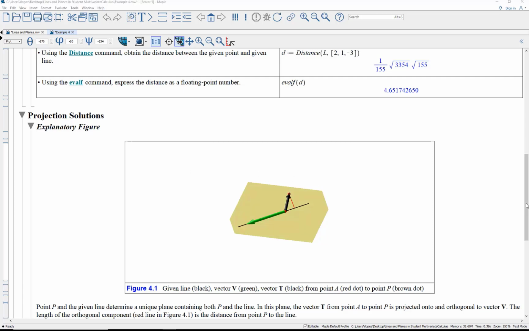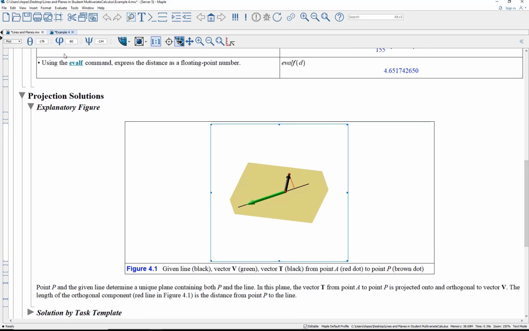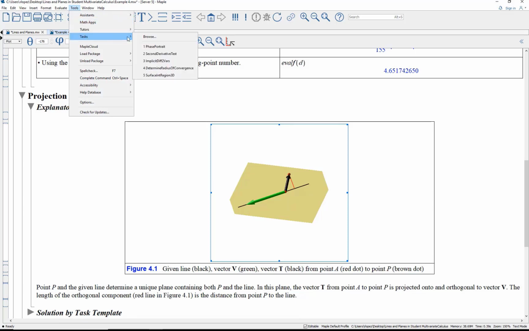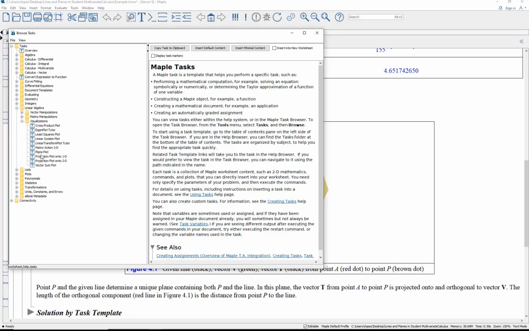Now, there is a task template for this. What are the task templates? Tools, Tasks, Browse, Table of Contents. We want to look down here in Linear Algebra, Visualizations, Projection, Plot onto a one-dimensional subspace.